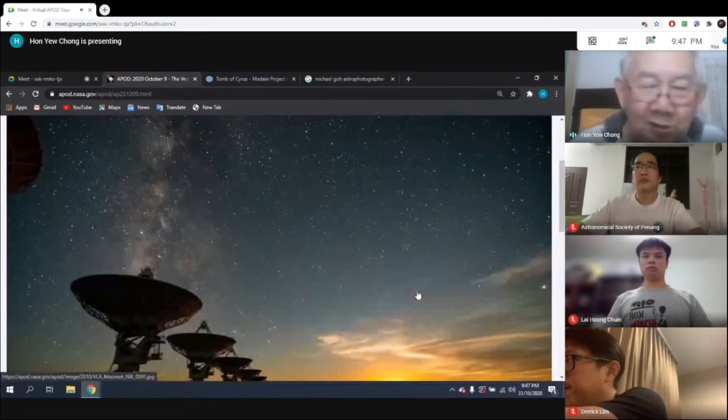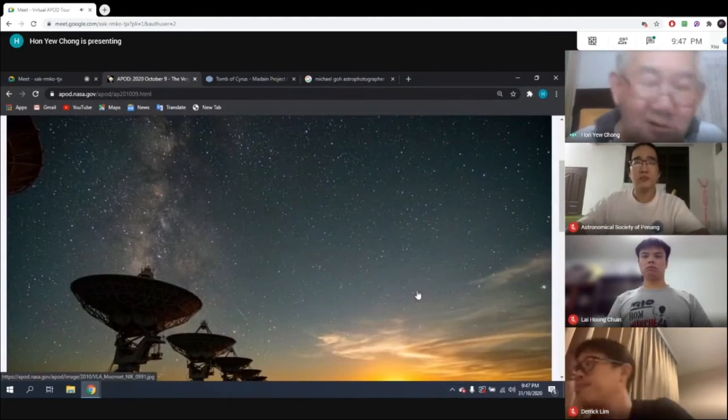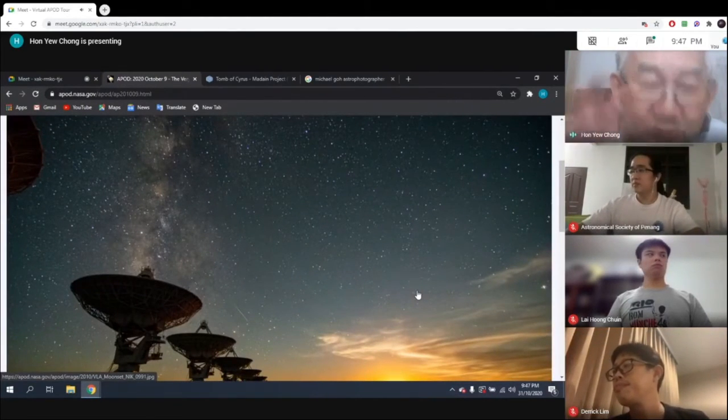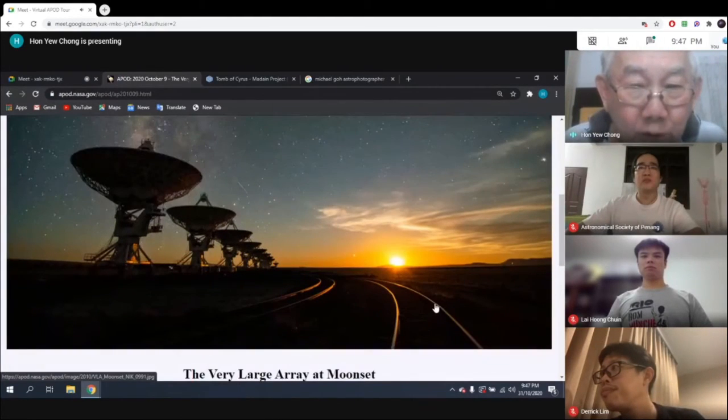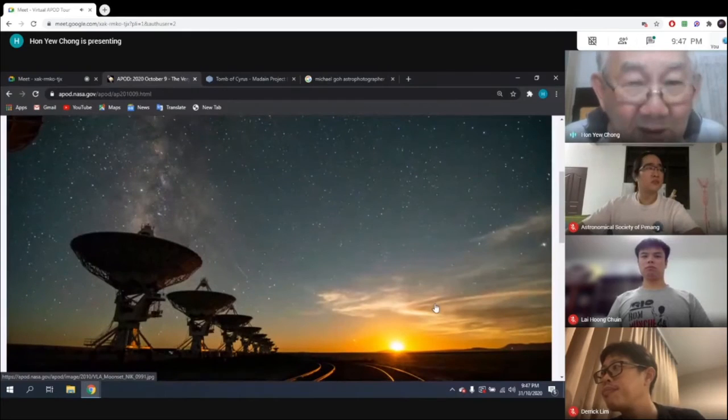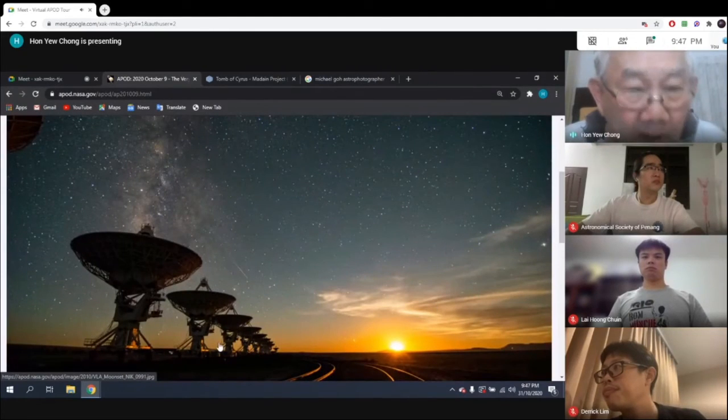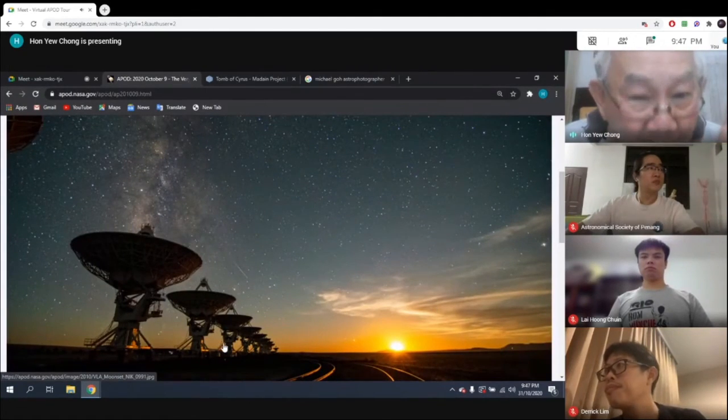Imagine a square of 35 by 35 kilometers. Penang Island is still smaller. That means the whole plateau in Socorro, New Mexico, where this Y formation of the radio telescopes can move, is bigger than Penang Island.